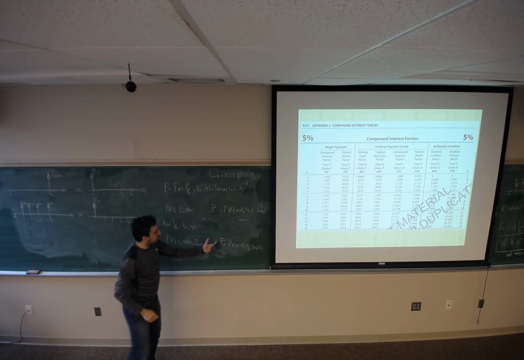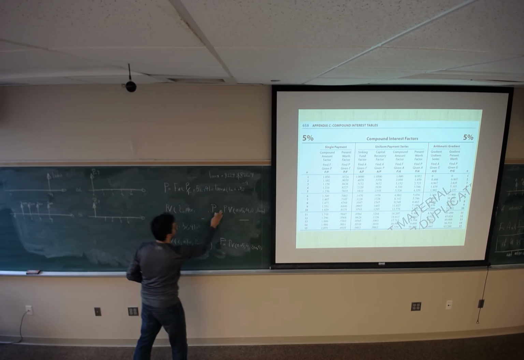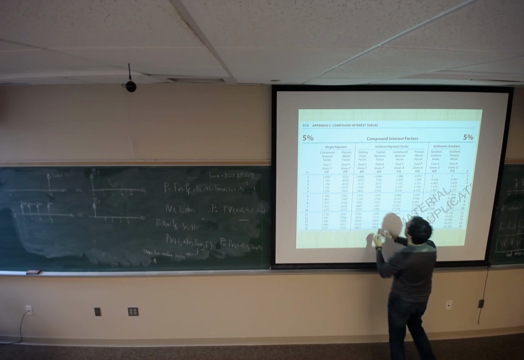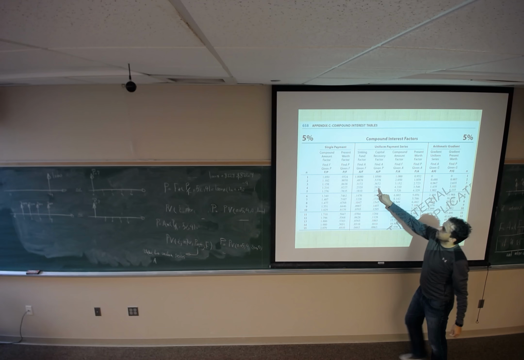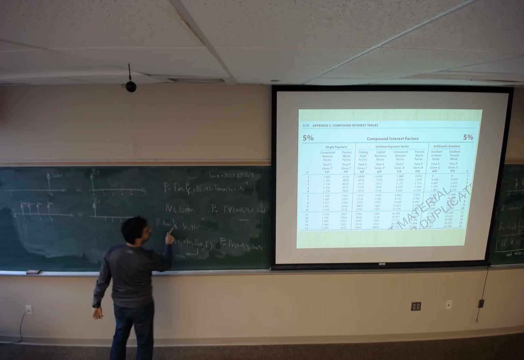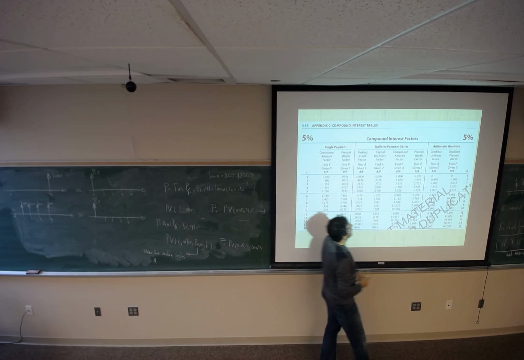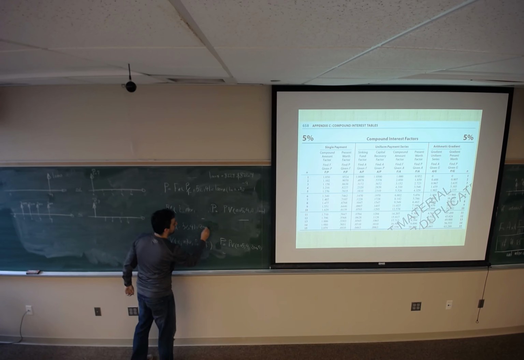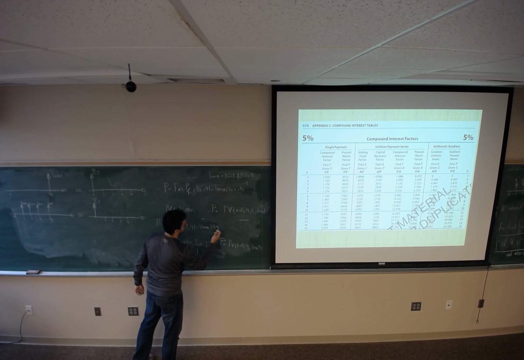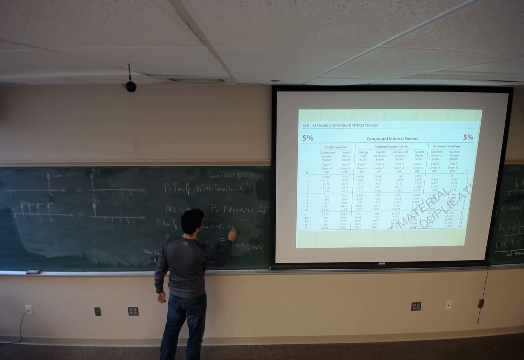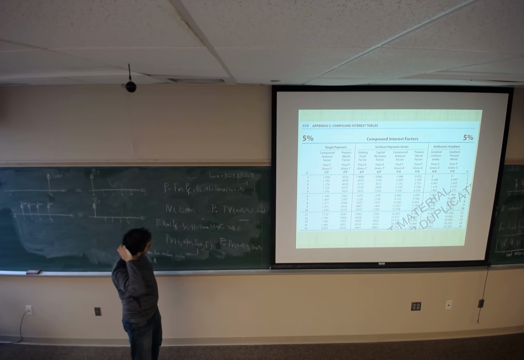For this one, N is 4, I'm looking for P over A, sorry, 3.546. 200 times 3.546 is going to be 712, something like this, I guess.